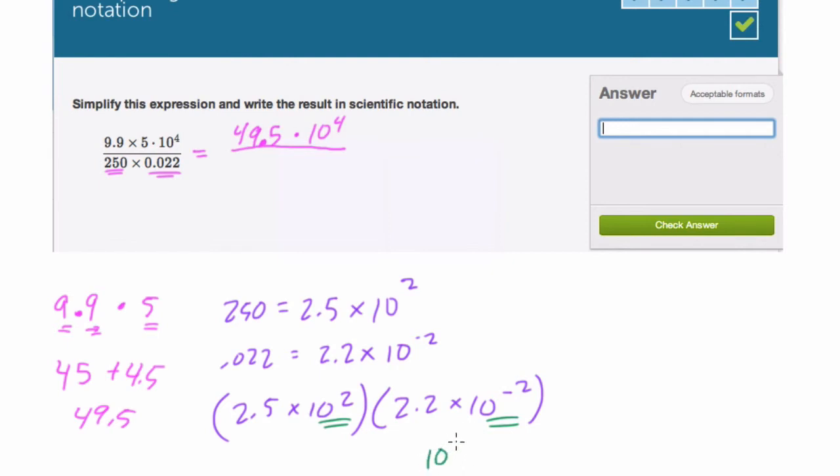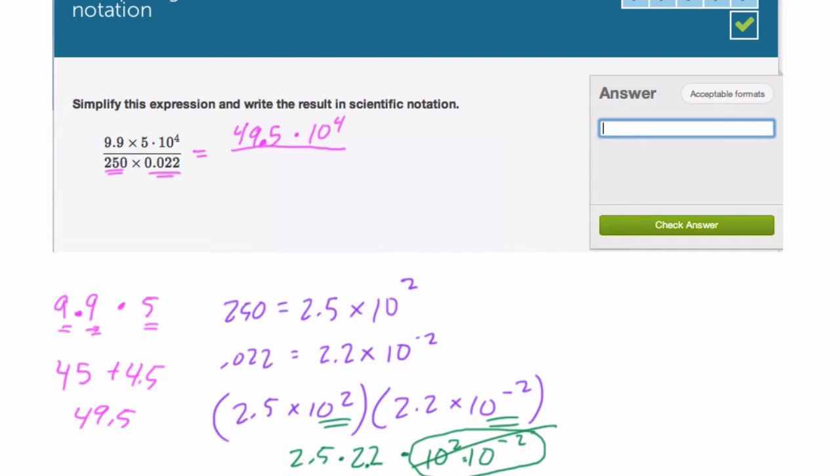And that's 10 to the second times 10 to the negative second. And then 2.2 times 2.5. This is nice right here because if we add these two exponents, we get 10 to the 0. 10 to the 0 is just 1. So we're multiplying by 1. We don't need to even think about that.